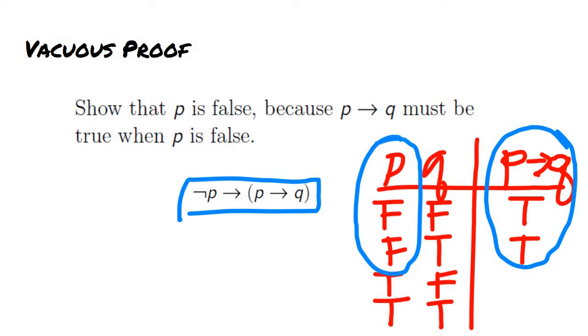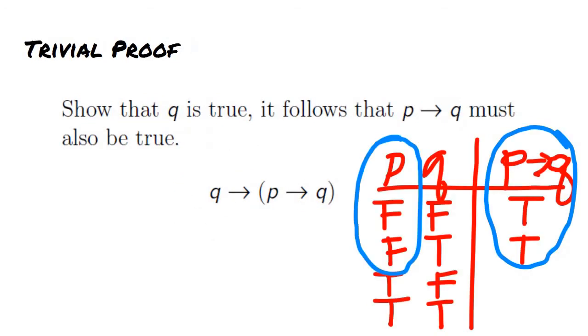For the trivial proof, however, we have a similar scenario where if you are able to show that Q is true, it follows that the implication P implying Q must also be true. And why is that?